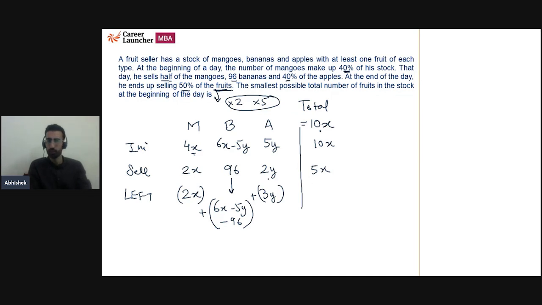I think even this is good. This equation is also good. We can use the next one as well. And this sum will therefore be 5x. I don't see any reason why these two should not work together, in the sense that 2x plus 96 plus 2y is 5x. Yeah, that should work for sure.